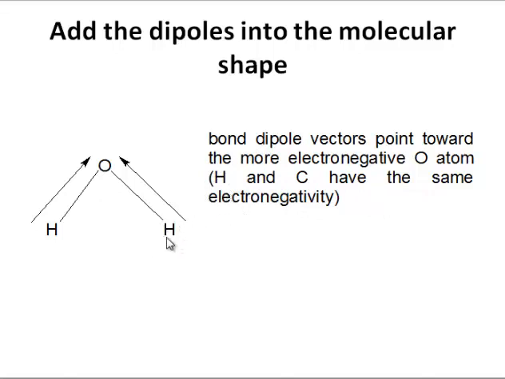We know oxygen's more electronegative than carbon because it's to the right on the periodic table. We expect oxygen is more electronegative than hydrogen as well. So oxygen is more electronegative and the bond dipoles point toward oxygen. Shown here, added into the bent molecular shape of water.